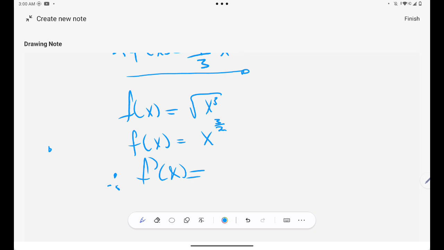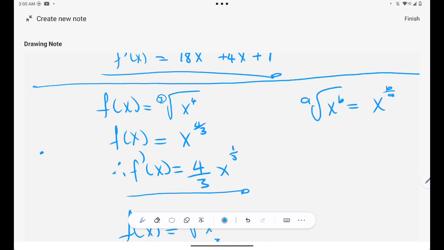Are we together? So I'll simply say it's 3 over 2 x to the power 3 over 2 minus 1. I'll get 1 over 2. That's my answer. So whenever I have surds, I need to remove them by using this exponential rule.